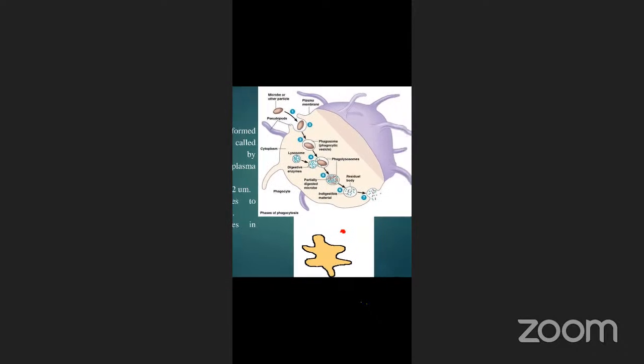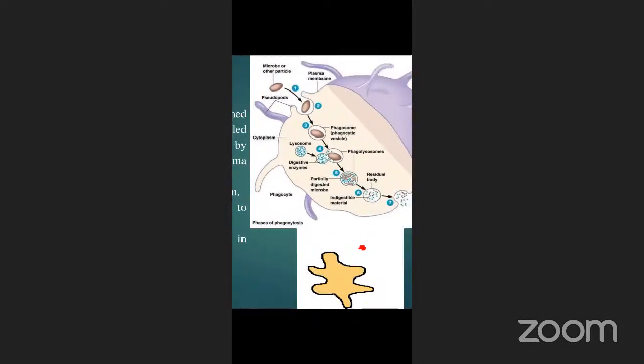Then phagocytosis means cell eating. Here it forms a phagosome, and this phagosome fuses with the lysosome, and the components present in the vesicle get digested. Here you can see in the cell, when a microorganism or particle comes, the plasma membrane invaginates and forms a vesicle, called a phagosome or phagocytic vesicle. This phagocytic vesicle fuses with the lysosome to form a phagolysosome.